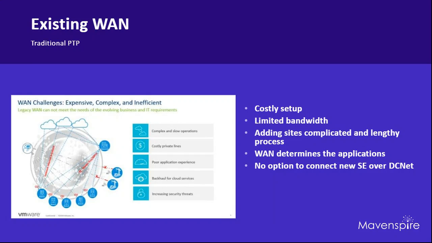And a lot of times, the companies are making trade-offs about what applications they're going to allow over those WAN links because they're coming with small bandwidth, and the WAN ends up determining the application, whether that's windowing, whether or not that's a replication cycle. All of those things are deterministic around the limits that the existing WAN technologies are bringing.